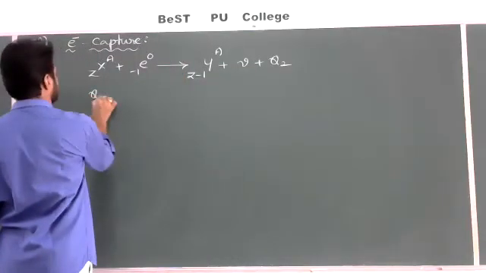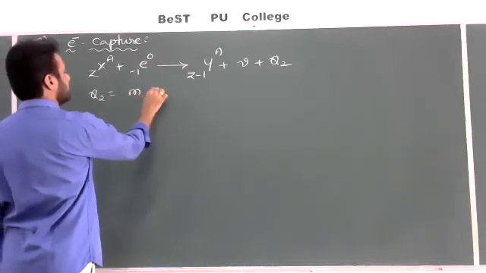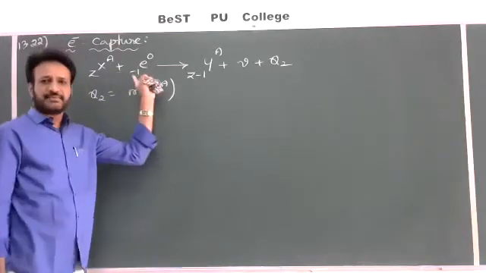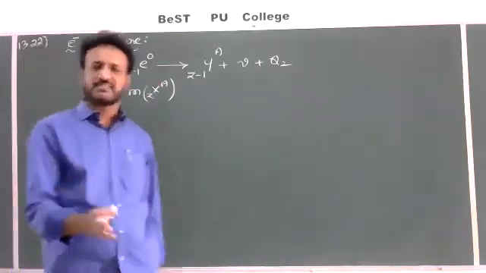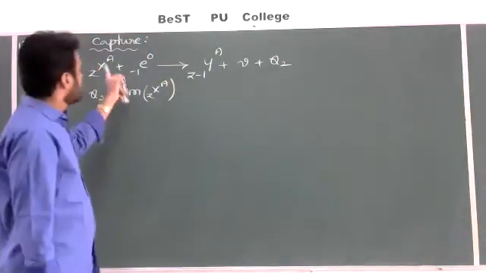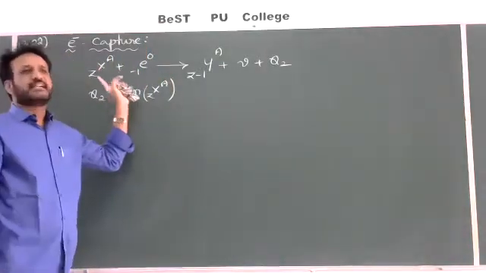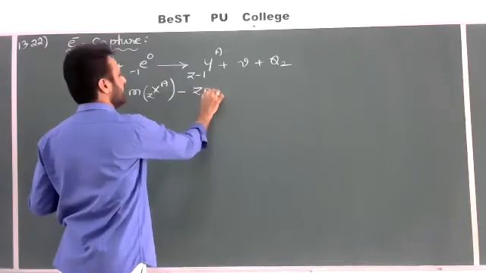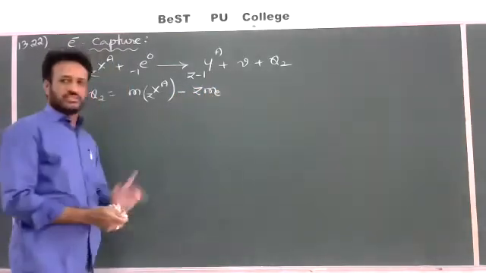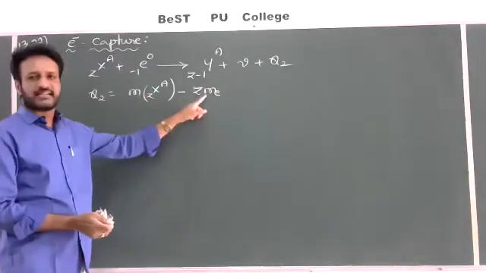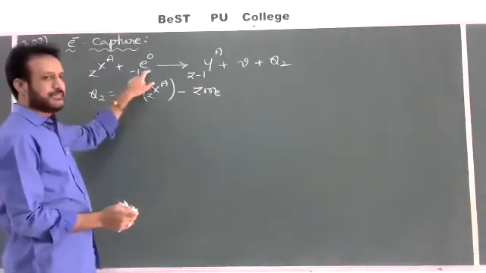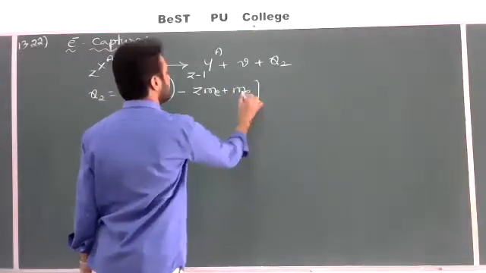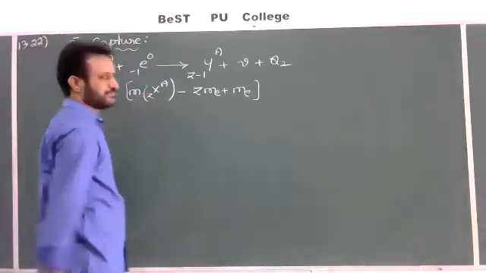Q2 is equal to mass of XZA. So this one, mass of the reactants minus mass of the products, and how many electrons will I subtract from this atom? Z electrons, minus Z into Me. So from this atom I am subtracting Z electrons, plus one more Me, the mass of the electron. It is nothing but the mass of the reactants.